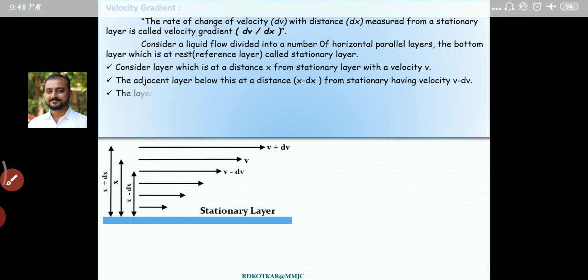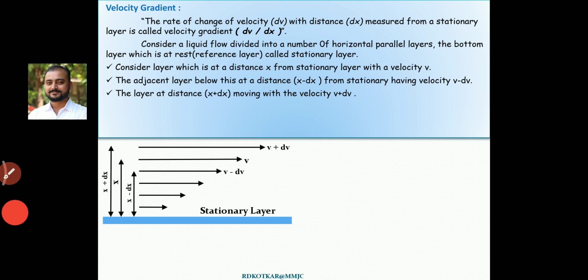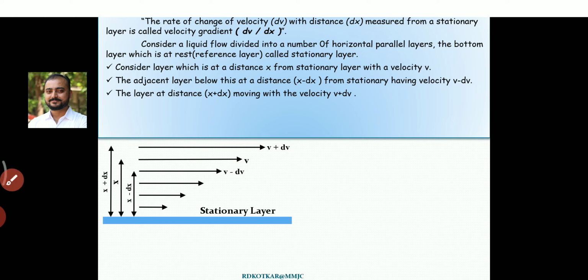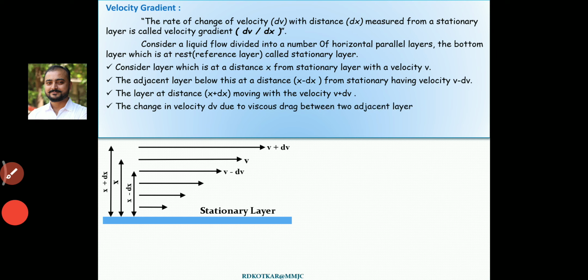Similarly, we consider the layer at a distance x plus dx moving with velocity v plus dv, which is at height dx above the layer x. So in this case, what is the change?